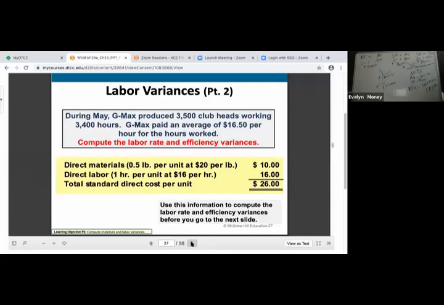Let's go to the next slide, and let's do this from a labor standpoint. So we have that slide giving us all that we need. And I like to erase the entire thing to help me memorize the table.